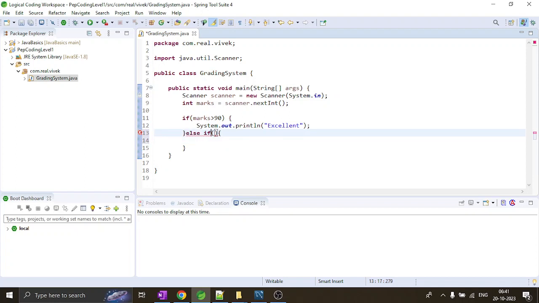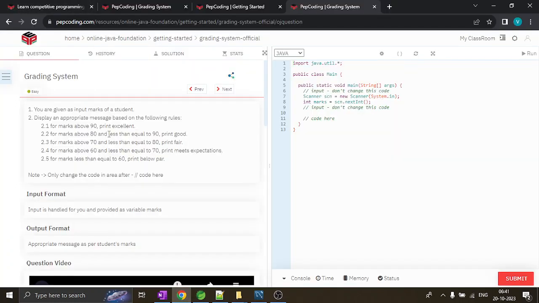I think there's a space between else and if. The marks above 80 and marks less than equal to 90, right? Let me check once. We have less than equal to 90, print good. For marks above 70 and less than 80, print fair. 60 and 70.